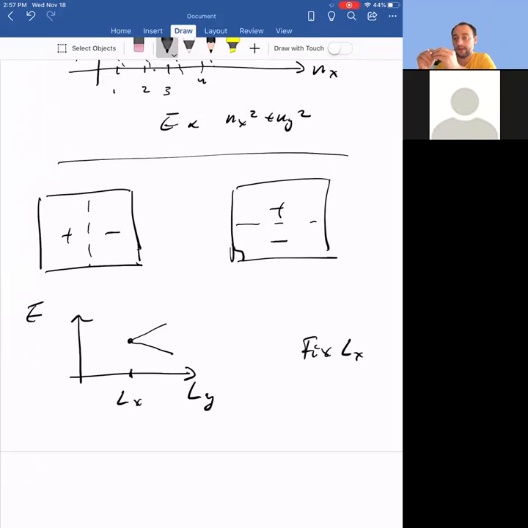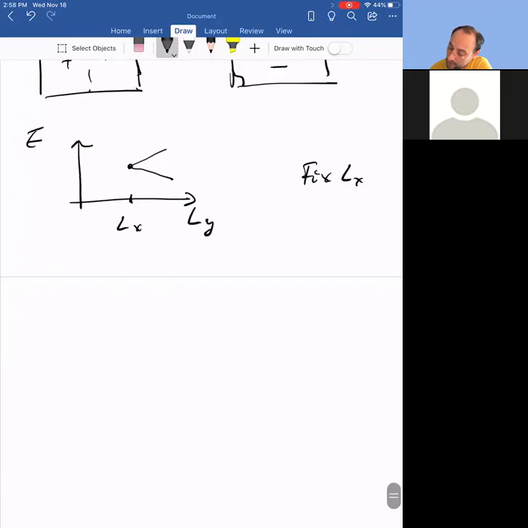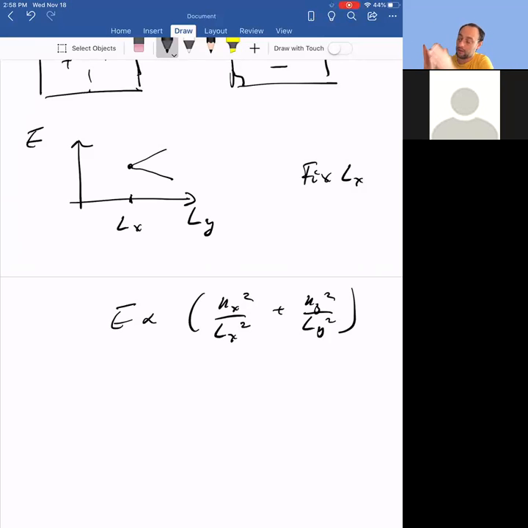Now it's no longer true that both this mode and this mode have the same energy. Remember that energy is proportional to nx squared over Lx squared plus ny squared over Ly squared. So now the 2, 1 and the 1, 2 states no longer have the same energy. And the more the L's differ from each other, the greater is the energy difference.